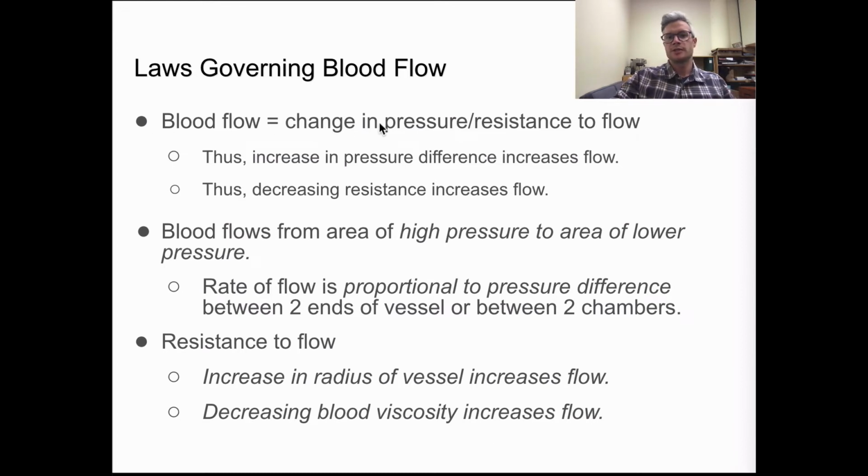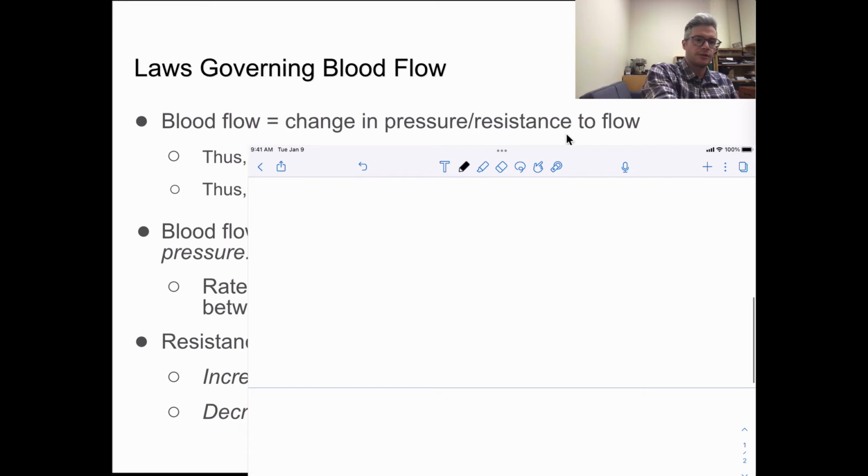So blood flow equals the change in pressure over the resistance in blood flow. So again, if we were to set up just a little equation here, say blood flow equals the change, anytime this is a triangle, if you can't tell, so change in pressure over top of the resistance to flow.